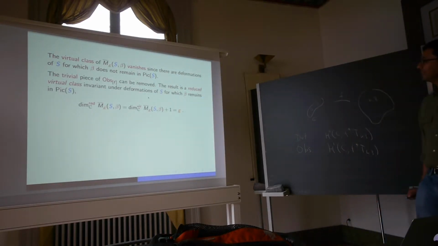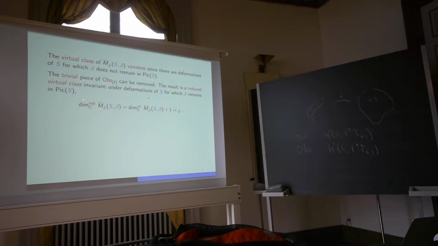And the way this is dealt with has to do with this trivial quotient of the obstruction space. I had defined for you the obstruction space as having a trivial one-dimensional quotient. It's a technical point, but this trivial piece can be removed, and what you get is the reduced virtual class.